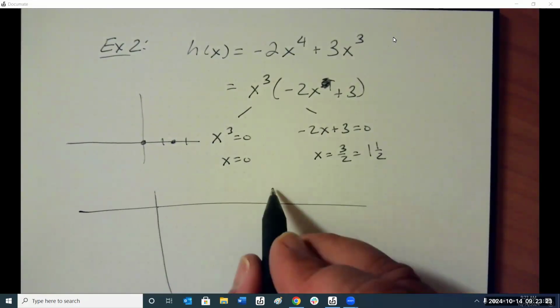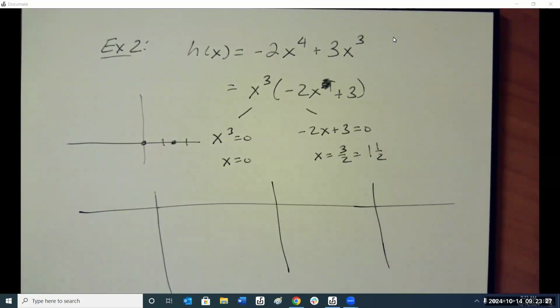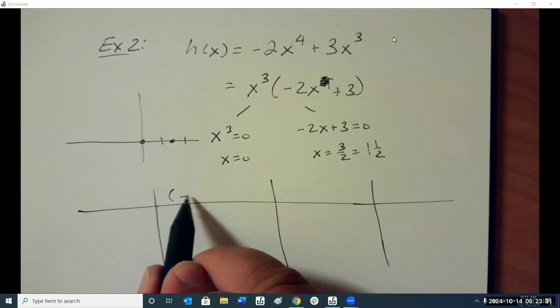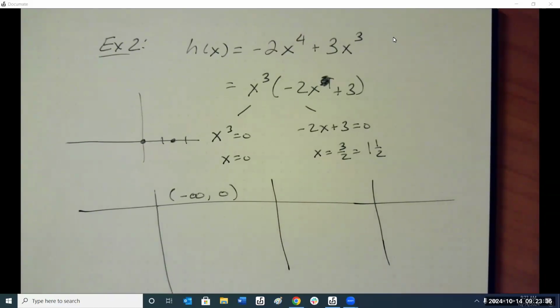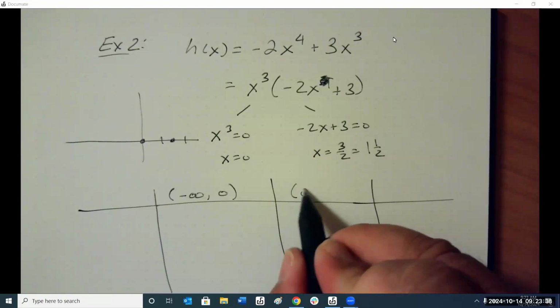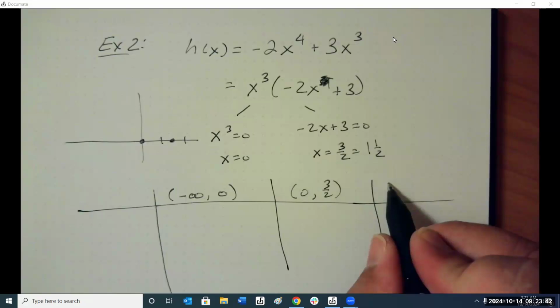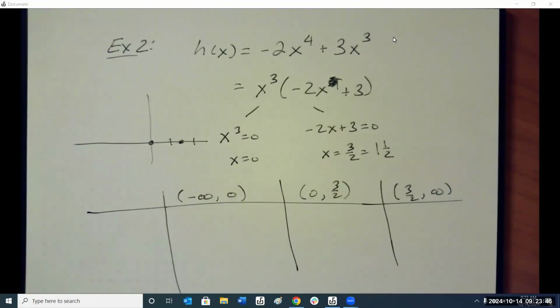So what they're going to want us to do is look at the interval from negative infinity to 0, from 0 to 3 over 2, and then from 3 over 2 to positive infinity.